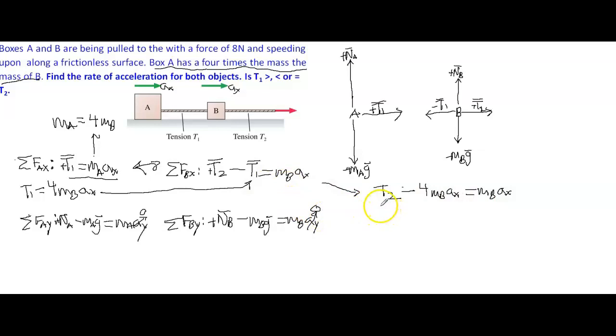Now I'm going to bring the negative 4 mass b times the acceleration in the x direction onto the other side. So I'm going to add that to both sides.